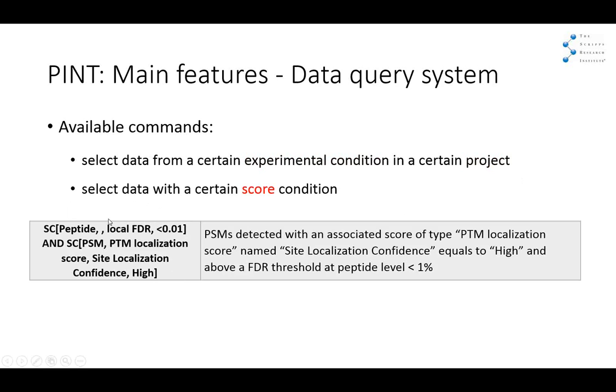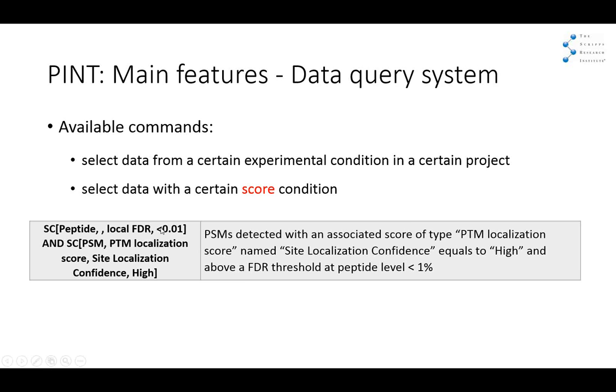Another query command can be based on a certain score condition. So in this example, we want to select the PSMs detected with an associated score of type PTM localization score. I have to say that these names of scores are mapped to the ontologies defined by the PSI, the Proteomics Standards Initiative.